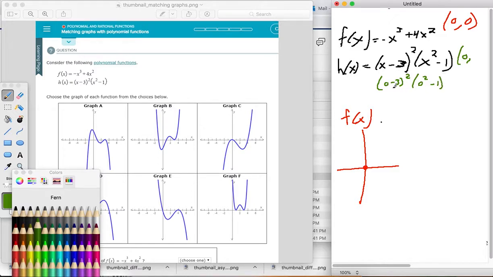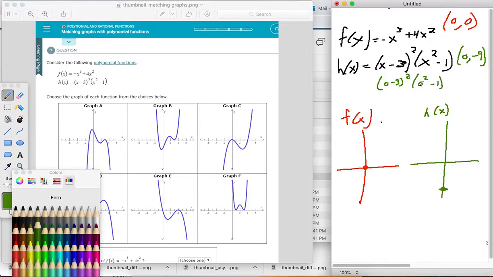So 0 minus 3 is negative 3. Negative 3 squared is positive 9. And then 0 squared is 0, 0 minus 1 is negative 1. So you get 9 times negative 1, you should get negative 9. Okay, so we don't know what h of x looks like, but we know it has to have a dot at 0 on the x and negative 9 on the y. And so you can see how that could rule out some of our other options.